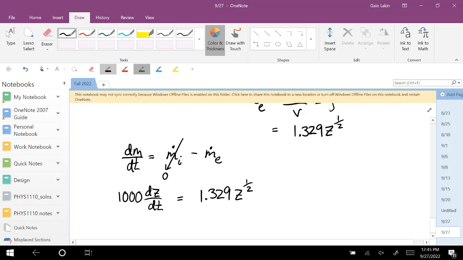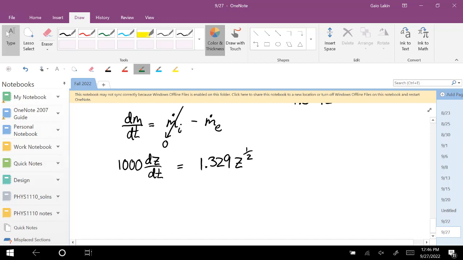Okay, any idea how to solve this differential equation? There's a million different techniques for differential equations, but this is a simple one, and it's also the one that comes up the most in mechanics classes. Separation of variables. So just get all the z's on one side, all the t's on the other side. All right, this is 1,000.